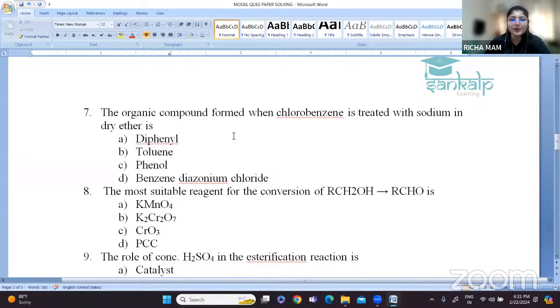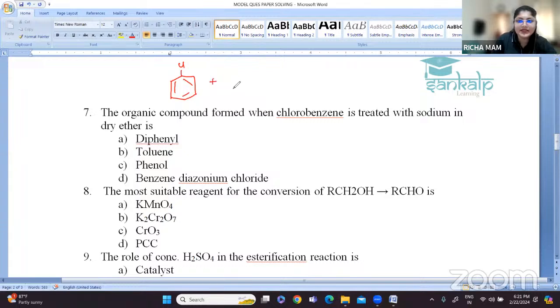The organic compound formed when chlorobenzene is treated with sodium in dry ether is: A, diphenyl, B, toluene, C, phenol, and D, benzene diazonium chloride. So this is chlorobenzene.